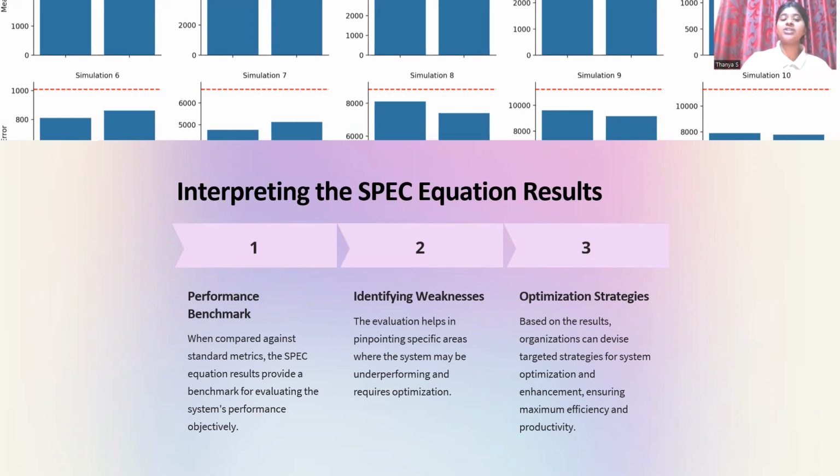So the evaluation helps in pinpointing specific areas where the system may be underperforming and requires optimization. Next one is optimization strategies. Based on the results, organizations can devise targeted strategies for system optimization and enhancement, ensuring maximum efficiency and productivity.